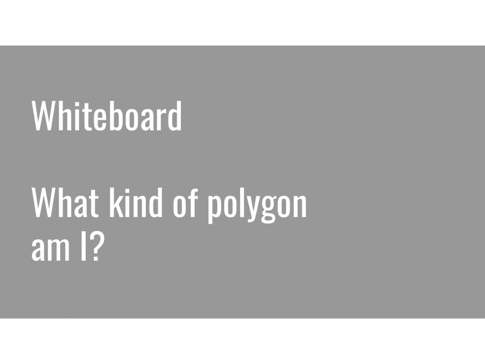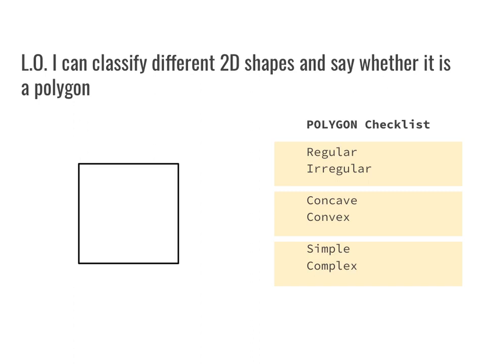Okay, now I want you to get your whiteboard ready and identify what kind of polygon I am. Have a look at the polygons checklist and have a look at the shape that is given. Think carefully whether this shape is regular or irregular, whether it's concave or convex, or whether it's simple or complex.